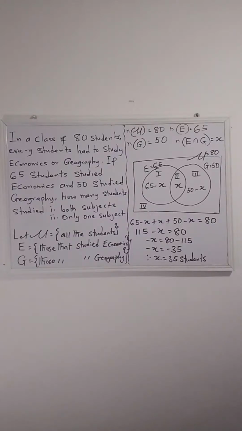Balogun said E equals 35, G is 15. Let's wait for others. I can see progress here. So 30 for economics and 15 for geography. Nifemi said 45. Now let's wait for others.